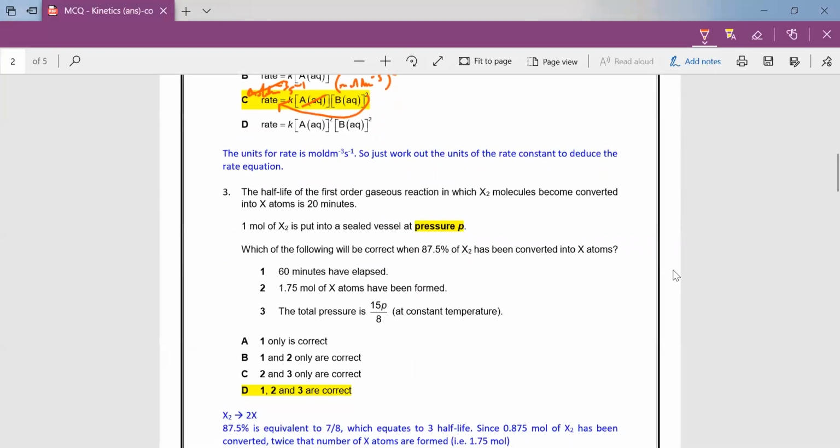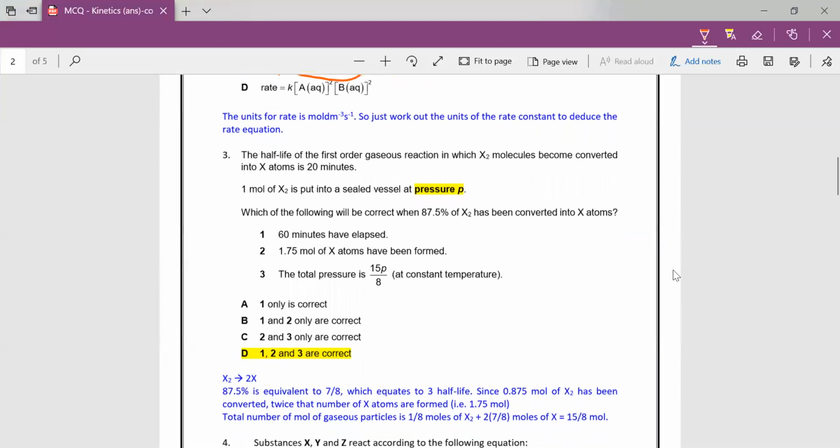Okay, question 3, half-life of first order gaseous reaction is 20 minutes. 1 mole is put in the sealed vessel at pressure P. Which one of the following will be correct when 87.5% of X2 has been converted to X atom? All right, so you have X2 converting to X atoms.